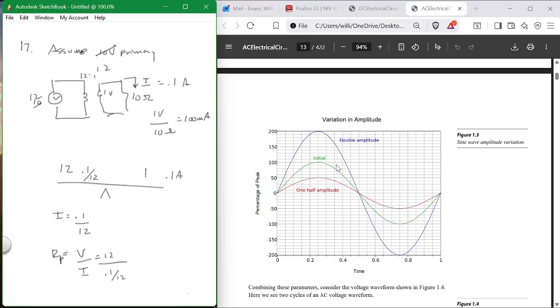Over here in the wall, I have a plug. What is the amplitude of the signal coming out of this? It's 120 AC. 120 AC is the RMS.